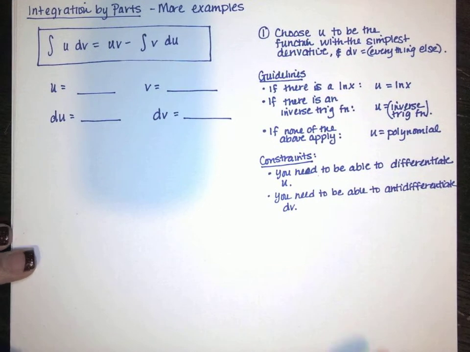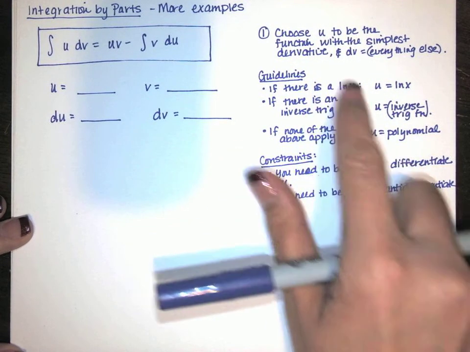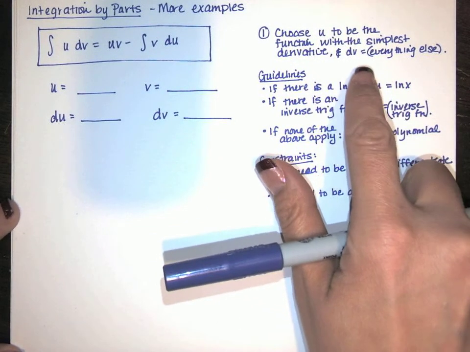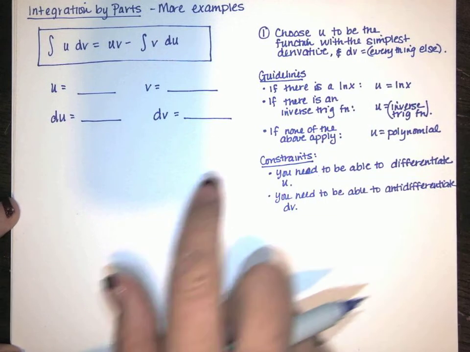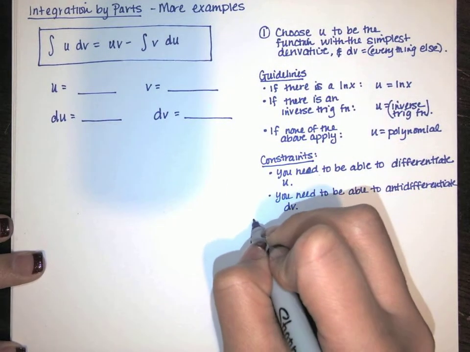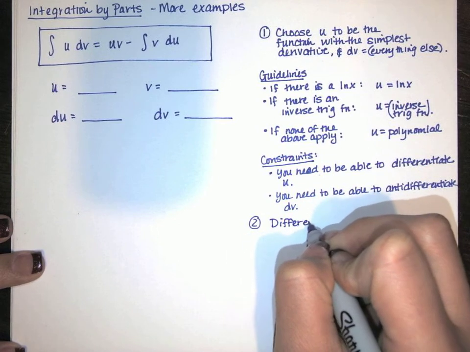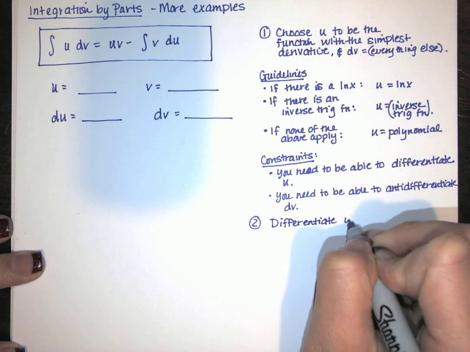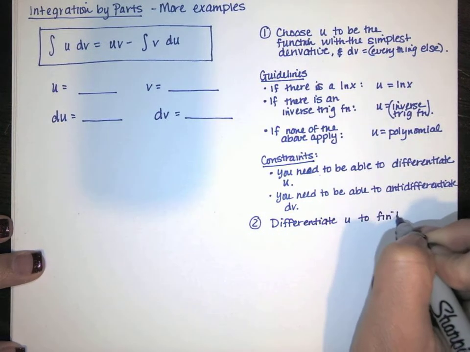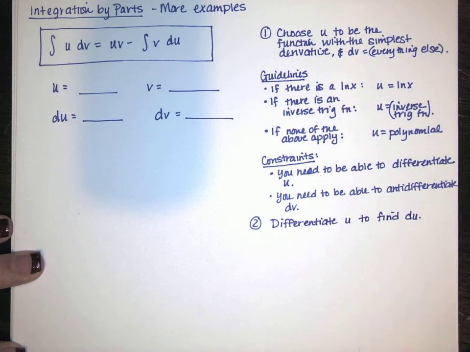Now, after you've chosen u to be the function with the simplest derivative, one of these usually, and dv to be everything else, then you need to differentiate u to find du. Don't forget to multiply it by dx.